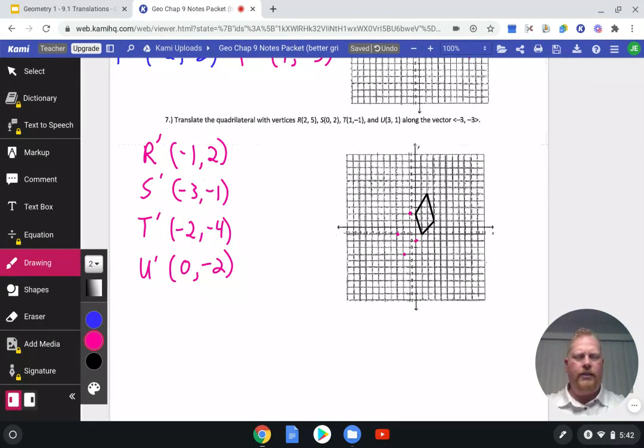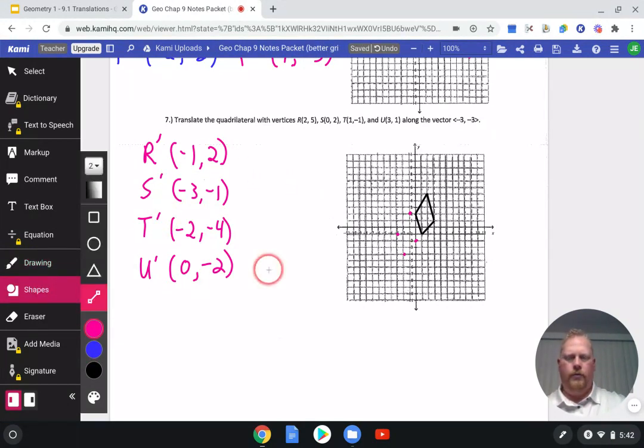Okay, so at first glance, it looks like the same shape. Let's go ahead and connect it. And there we go.